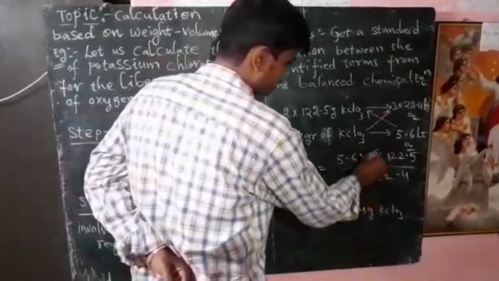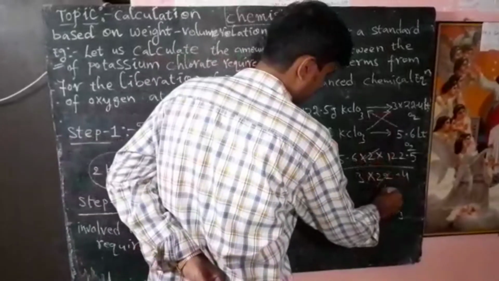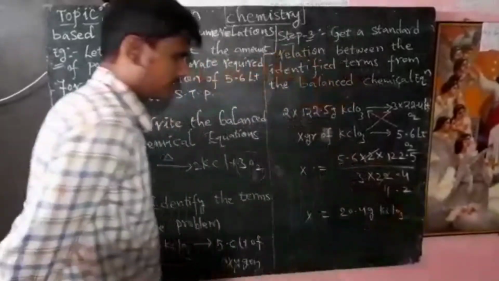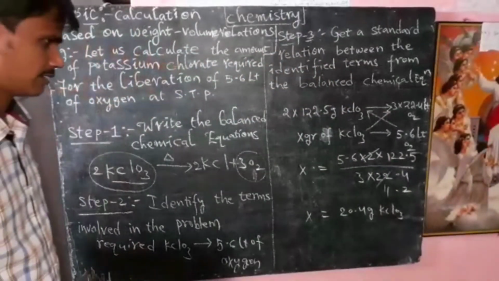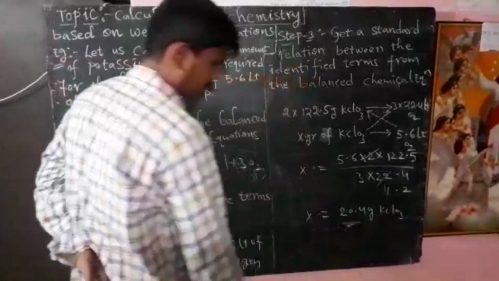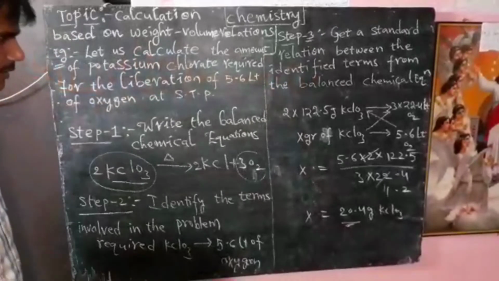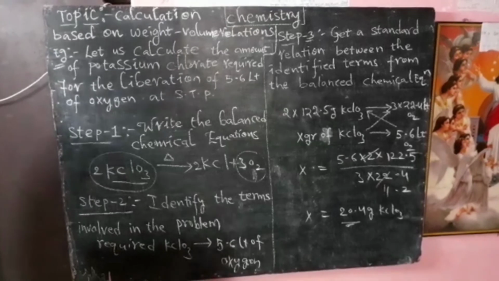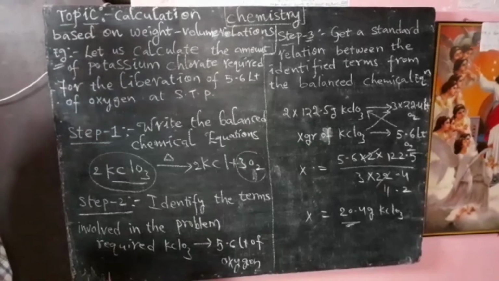This 2 cuts with 22.4 giving 11.2. After completing the calculation, finally we get 20.4 grams of potassium chlorate. So to produce 5.6 liters of oxygen, the required amount of potassium chlorate is 20.4 grams. This is about the weight-volume relationship.